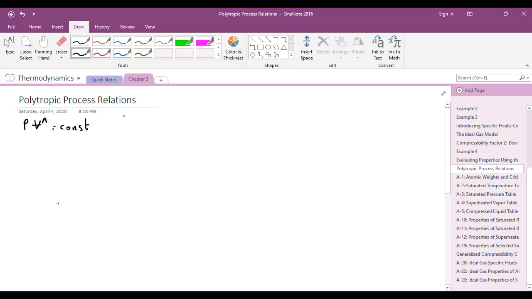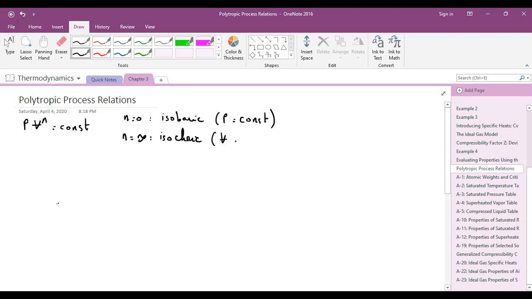So let's say for n is equal to 0, we can say that the process is isobaric. So isobaric, that means that P is equal to a constant. For n is equal to infinity, the process is isochoric or isometric.